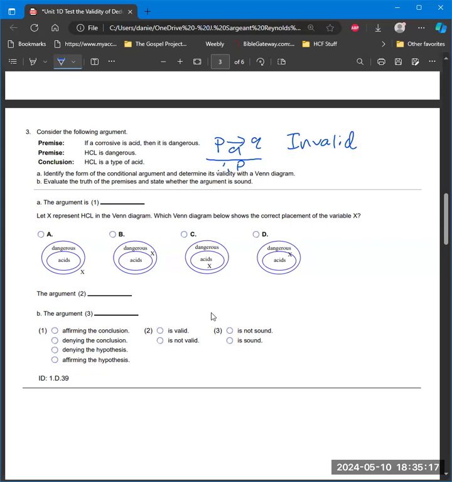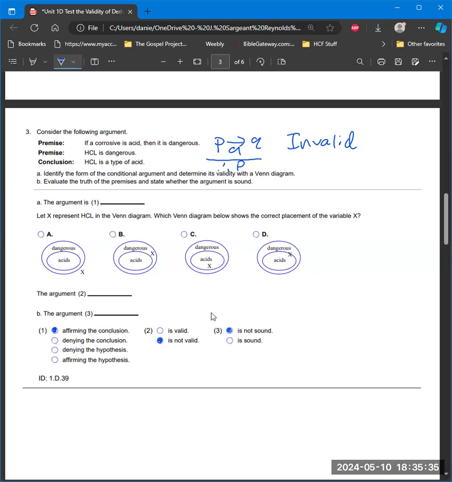So the argument is affirming the conclusion, which is not valid. So it is not sound.